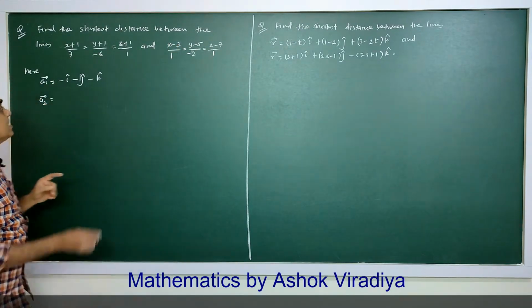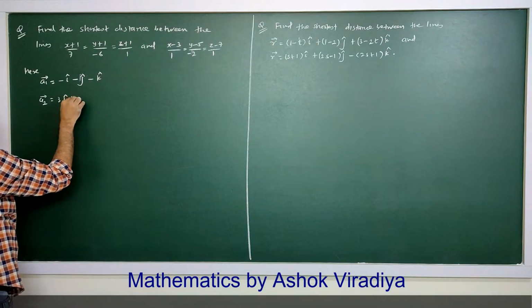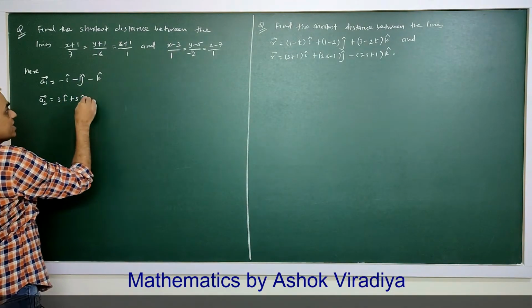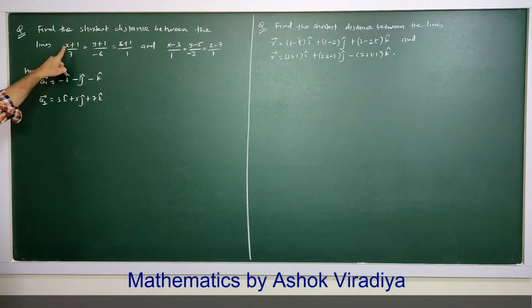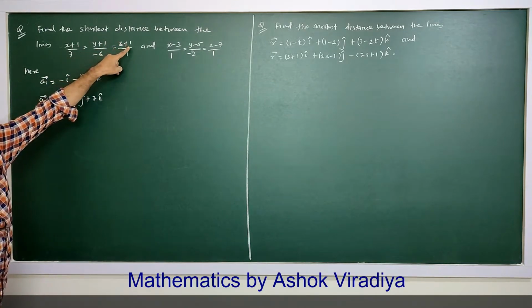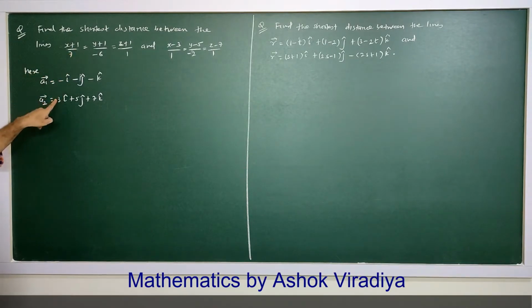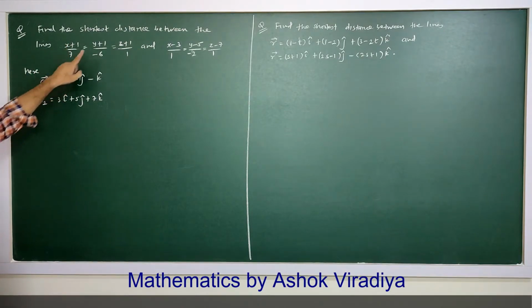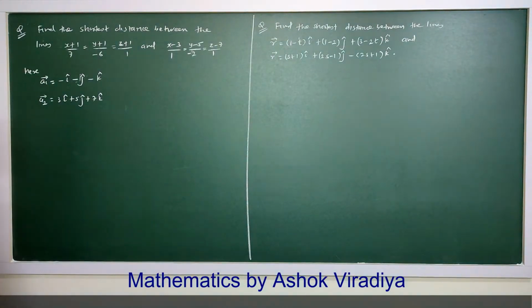So here x1 is 3, so 3i, y1 is 5, 5j, z1 is 7, 7k. Here also this is compared with x minus x1, y minus y1, z minus z1. So minus x1 is plus 1, so x1 is minus 1. So if plus sign is given, put minus. If minus is given, put plus.